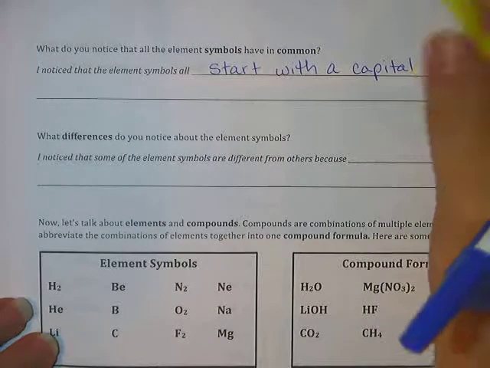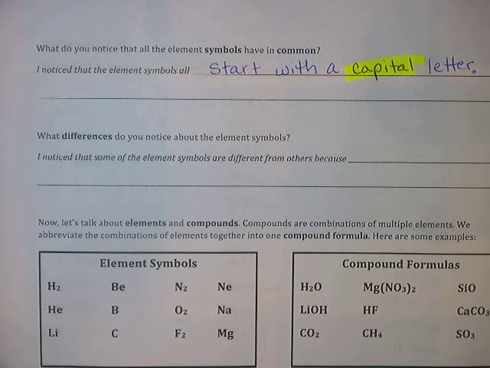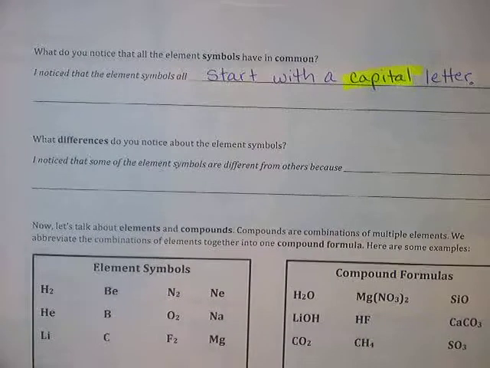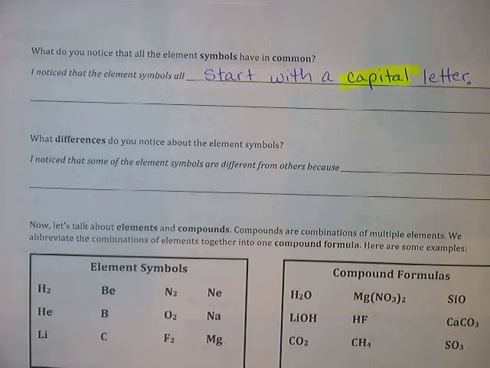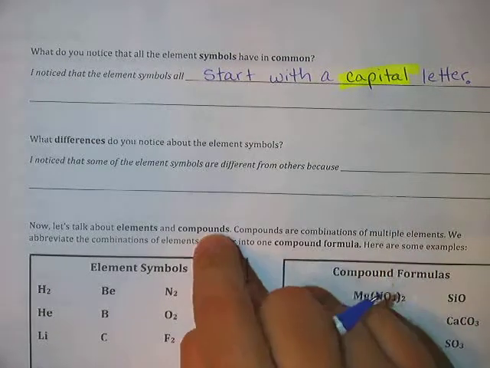That's important. Anytime you write the symbol of an element, you need to start it with a capital letter. If you don't, it's wrong. Start with a capital letter for your element symbol.